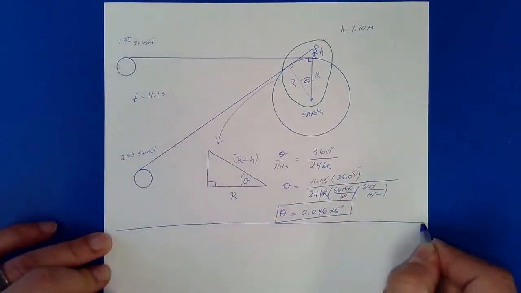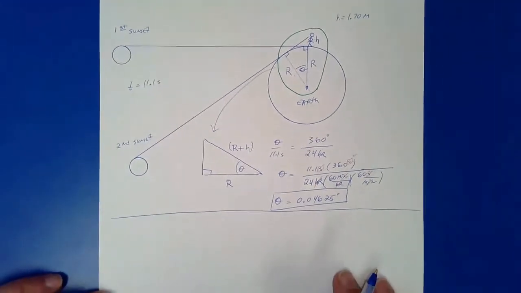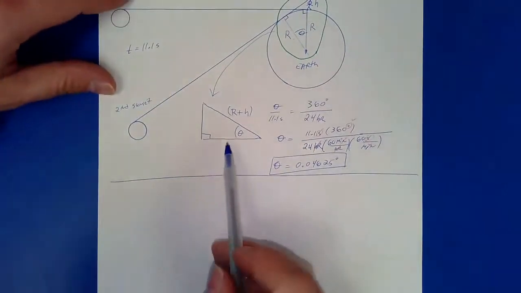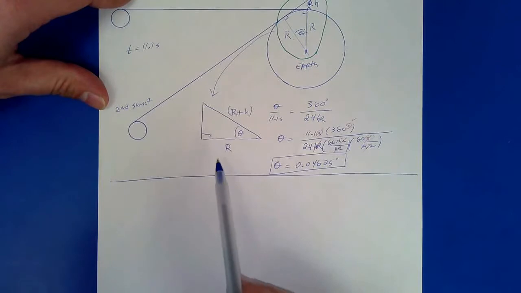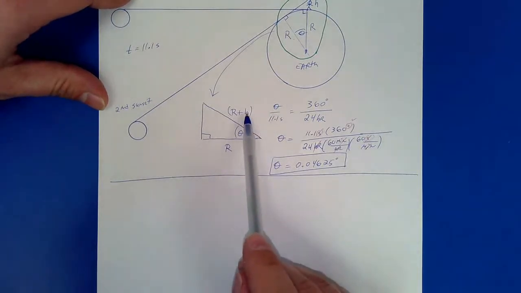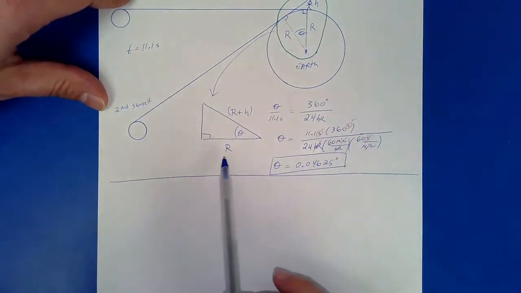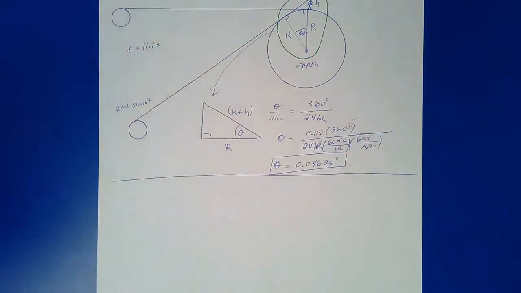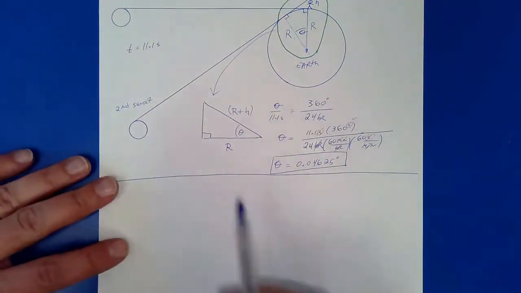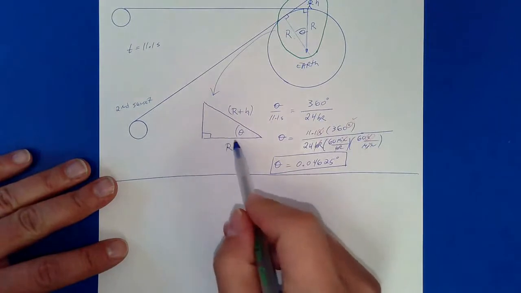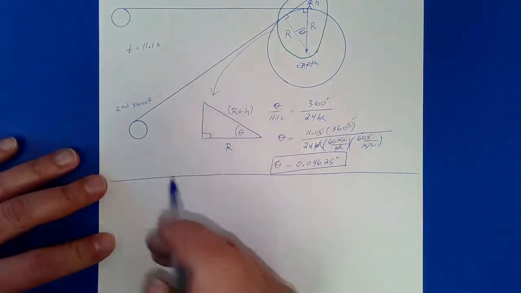Going back to this right triangle, right now I know the height and I know the angle. I need to find r. To find r, I'm going to use some right triangle trigonometry.